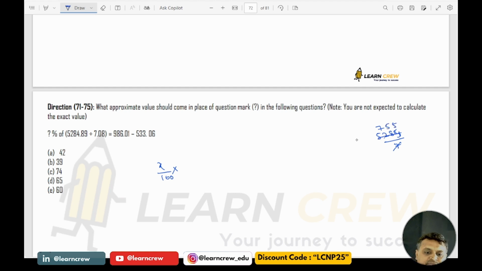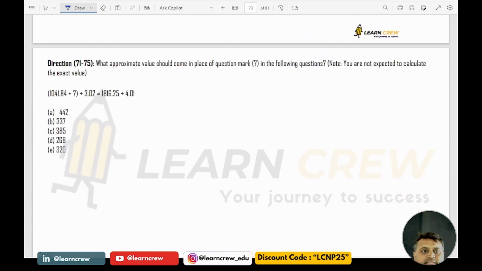So it is 755. 986 minus 533. 6 minus 3 is 3. 8 minus 3 is 5. 9 minus 5 is 4. 453. So X is equal to, see, 60%. 60% of 750 is 450. So the answer is approximately 60%.